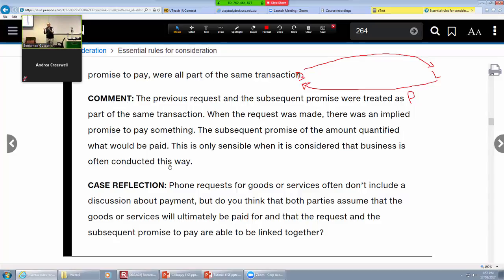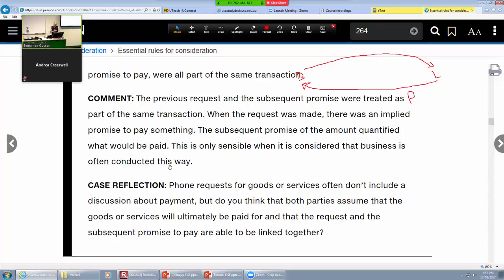Braithwaite asked for help. Braithwaite promised to pay £100. What happened in between? The performance. So we're saying that performance is connected to both of these: the subsequent £100 promise and the previous request for help.